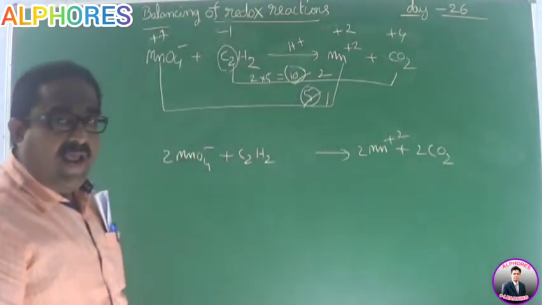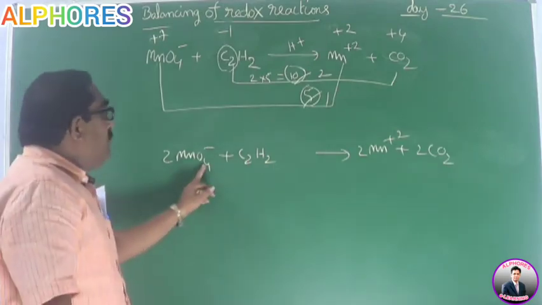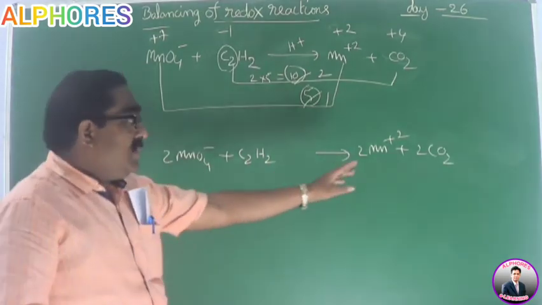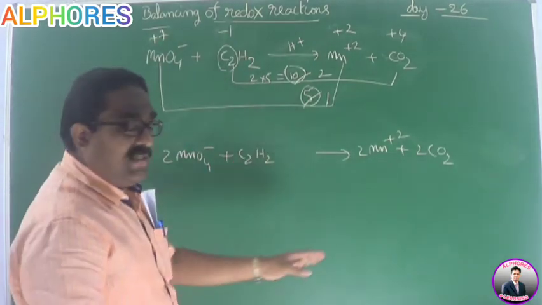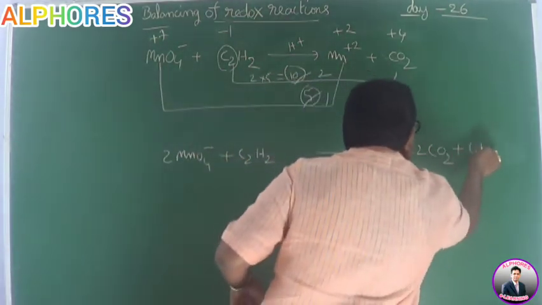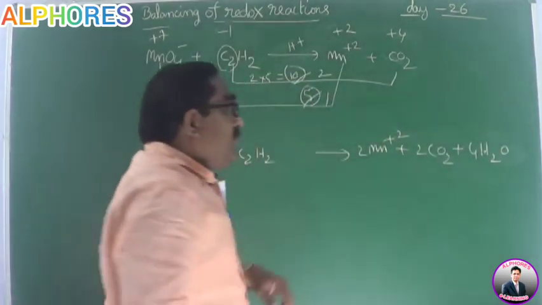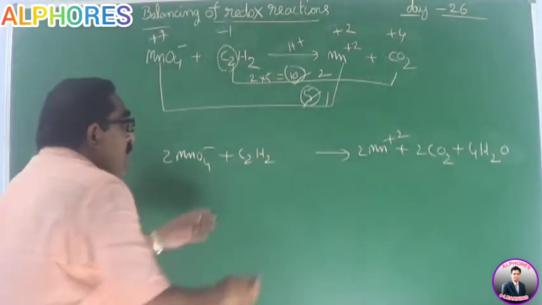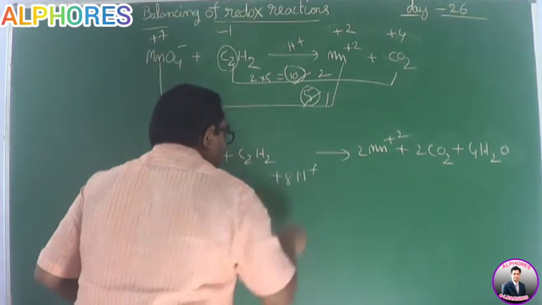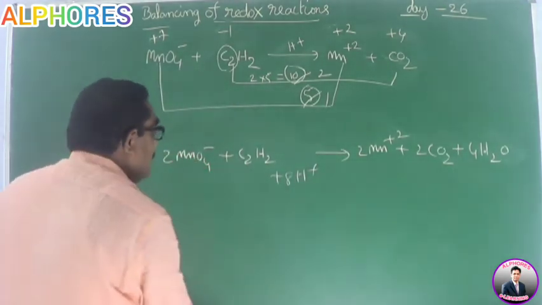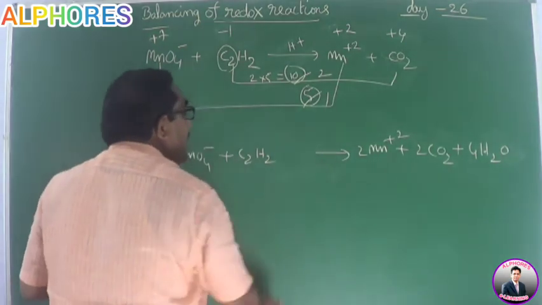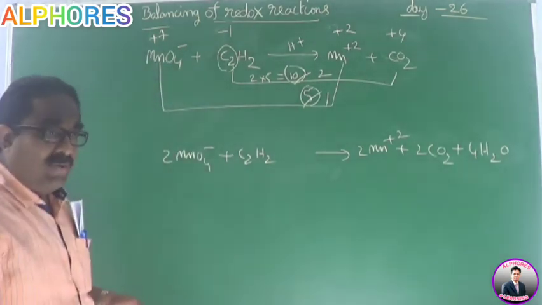Now count the oxygens. 2 into 4, 8, and 2 into 2, 4. 8 oxygens on one side, 4 on the other, 4 less. So 4 H2O, 4 into 2, 8 hydrogens. Here, what will you do? 8 H plus? That will be wrong. It is a common mistake usually made by students.